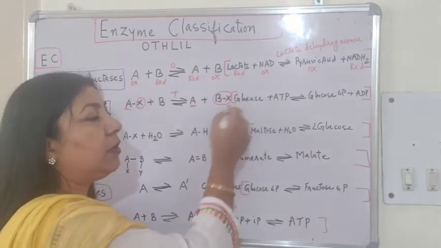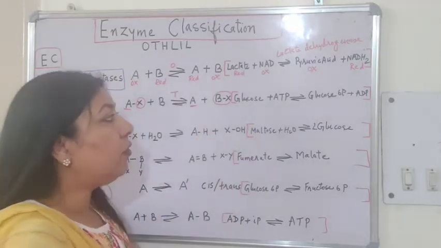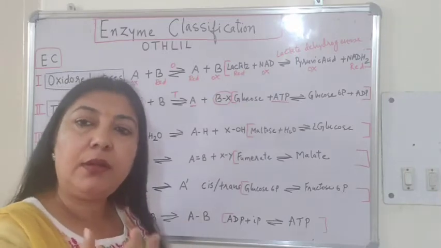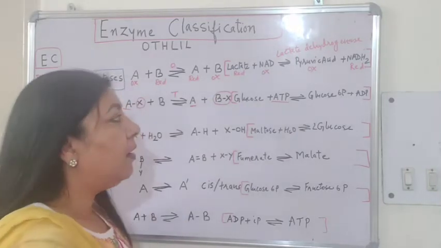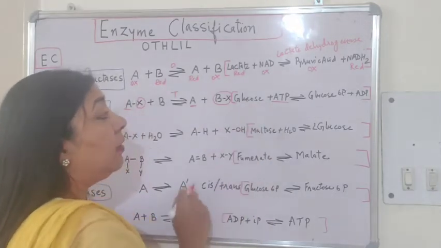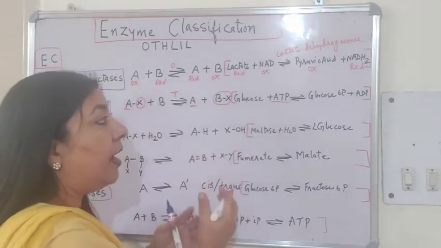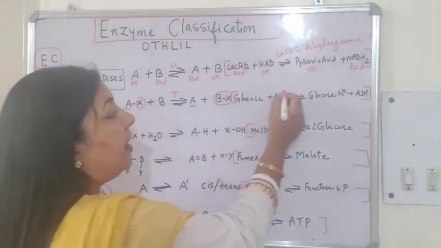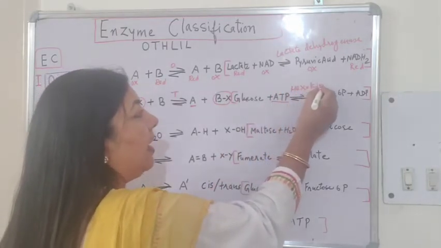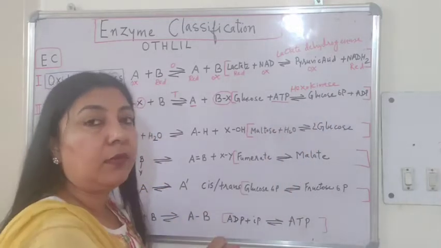For example, glucose. To glucose, this is ATP. ATP has got 3 phosphoric acids, that is adenosine triphosphate. So, the enzyme, that is hexokinase, what will it do?